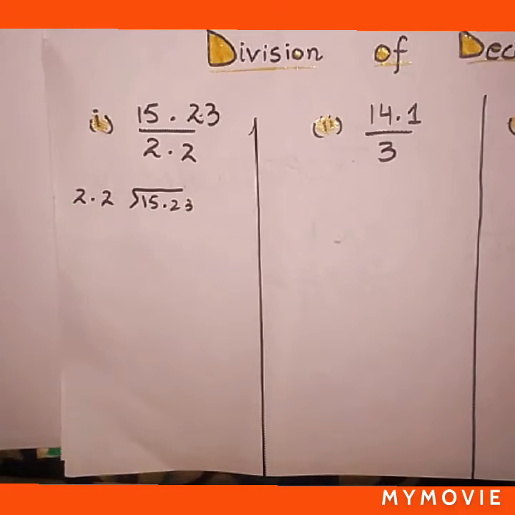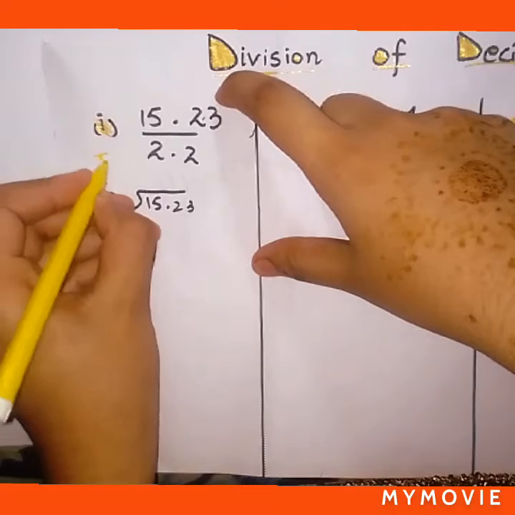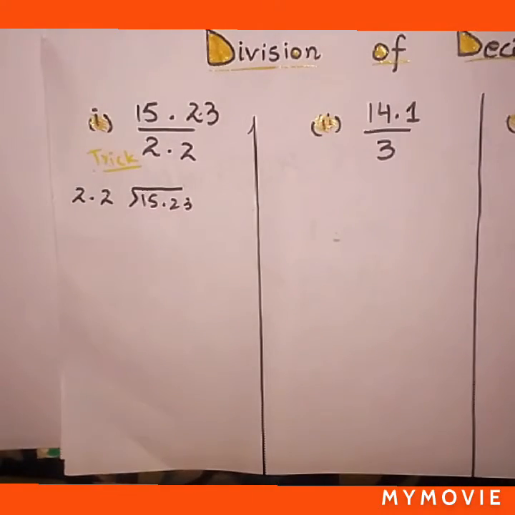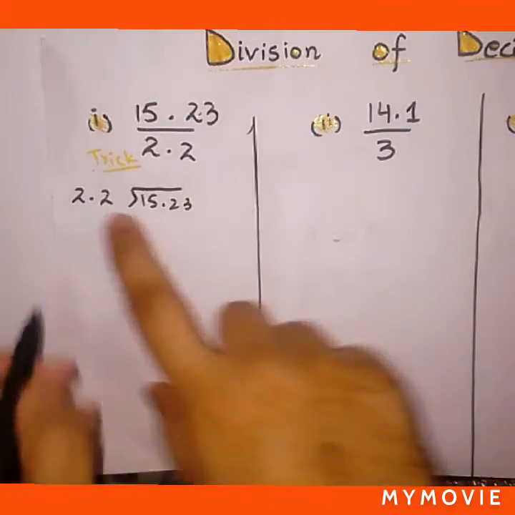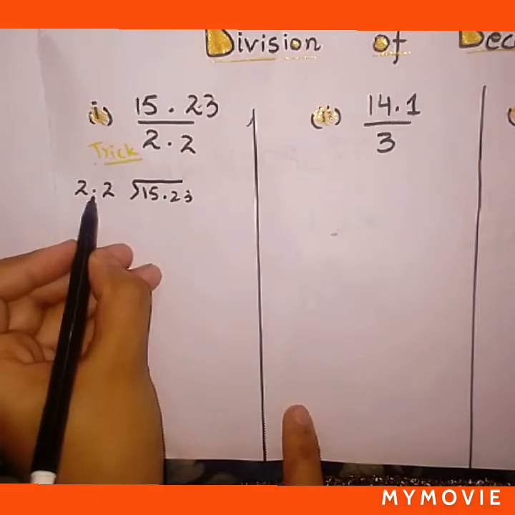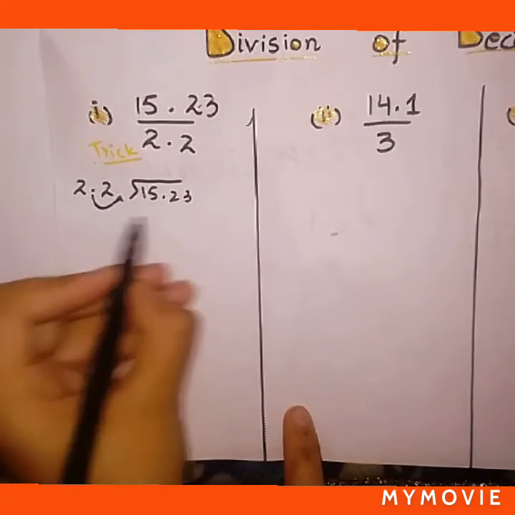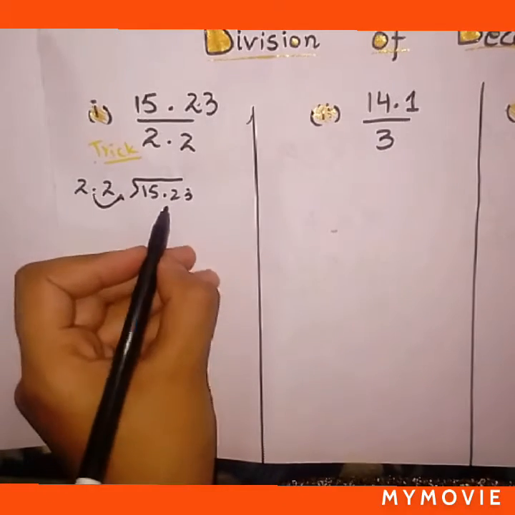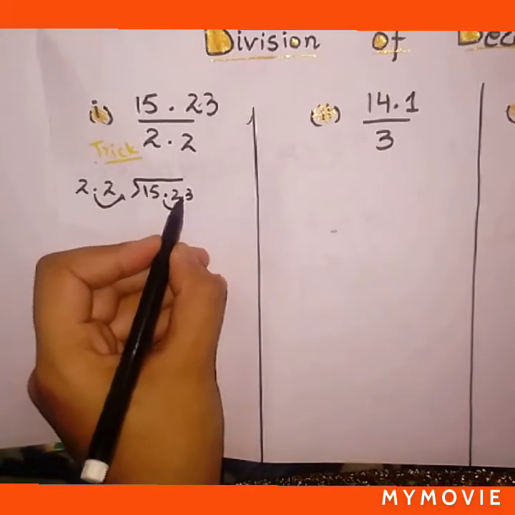Now what to do? There is an easy trick. This trick is only on my channel, not other channels. The trick is to skip the point in 2.2 to the next number, and now the dividend point also skips to another number.